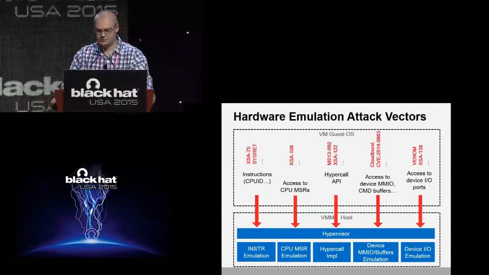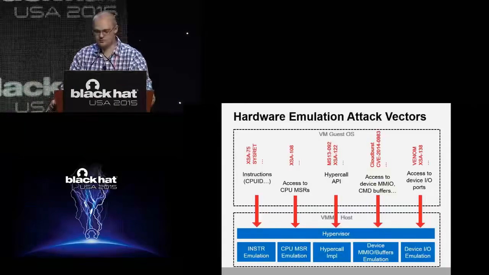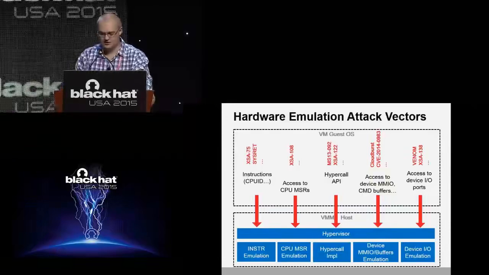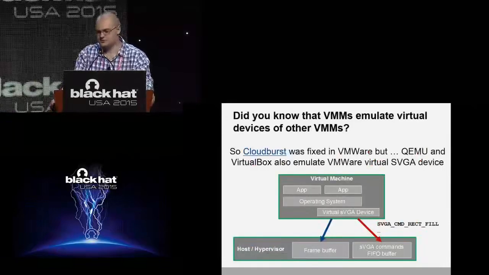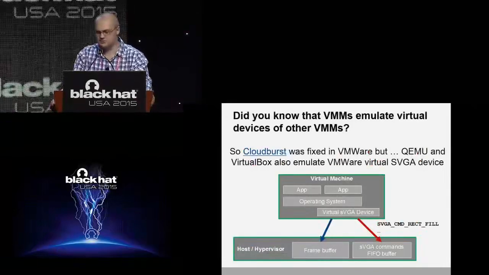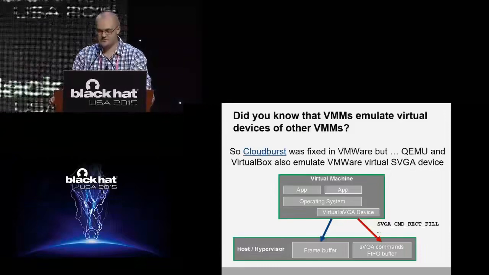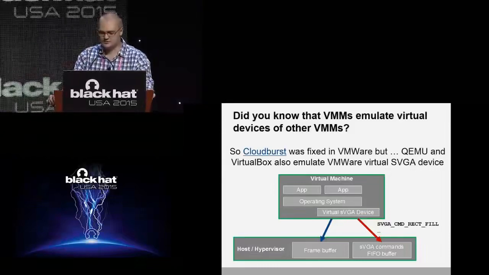One of the important ones which we want to mention is that Cloudburst was found in 2009 by Kostya Kortchinsky. This is a bug in the SVGA VMware device emulation. If we talk a bit about this, this device has two buffers, a FIFO buffer and a frame buffer.